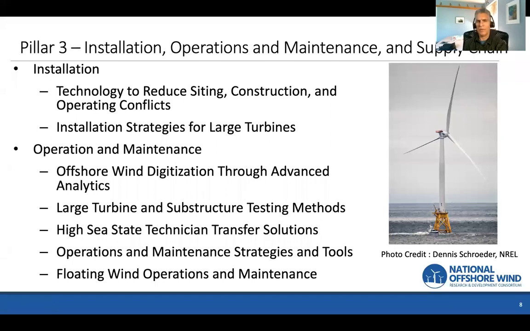Some examples might be drones or automated vessels that can address these turbines without human contact, or just strategies for remote sensing that would enable diagnosis of failures and problems before anyone has to move offshore to address the problem there.